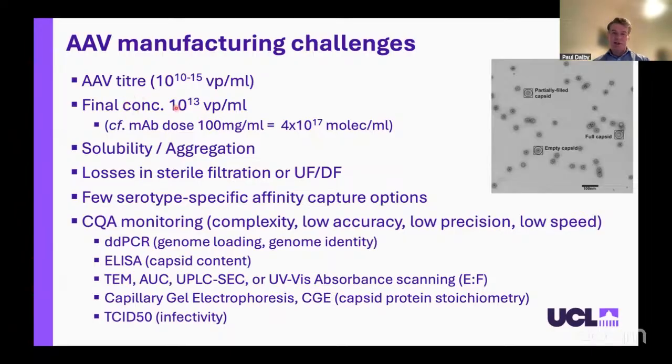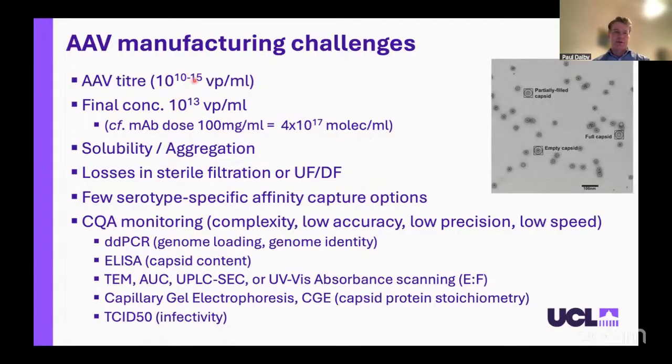Primarily, the titers you get for AAV are poor in terms of dosing, the manufacturing capacity compared to what a typical dose would look like. If you're familiar with monoclonal antibody doses that are now hitting 100 to 200 mg per mL, that would be equivalent in a dose to 10 to the power of 17 vectors per mL, which we don't achieve.